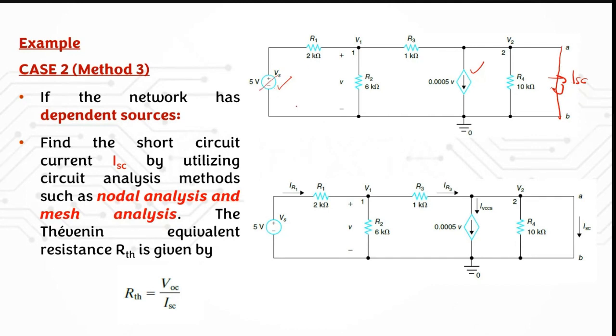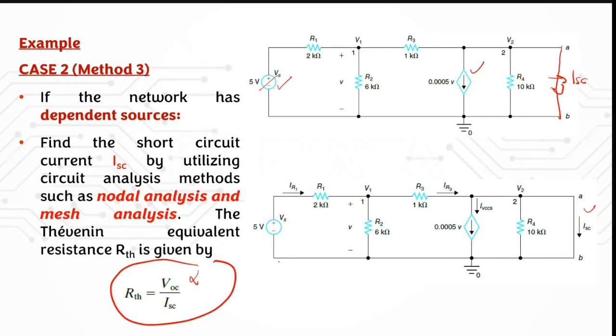But for method 3, you can just leave this voltage source, and then you can calculate to get the value for ISC here. Okay, so that's about the ISC. So you can use this equation to get the RTH.